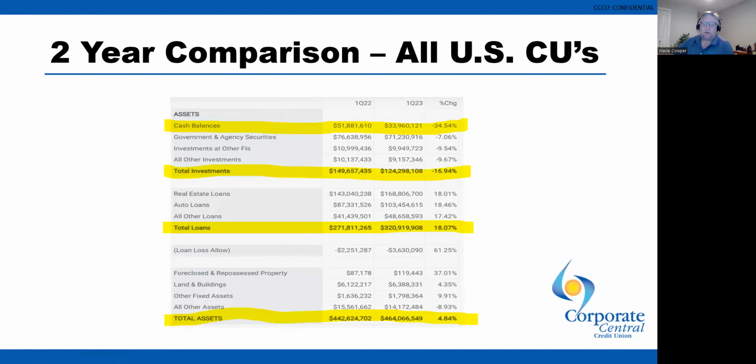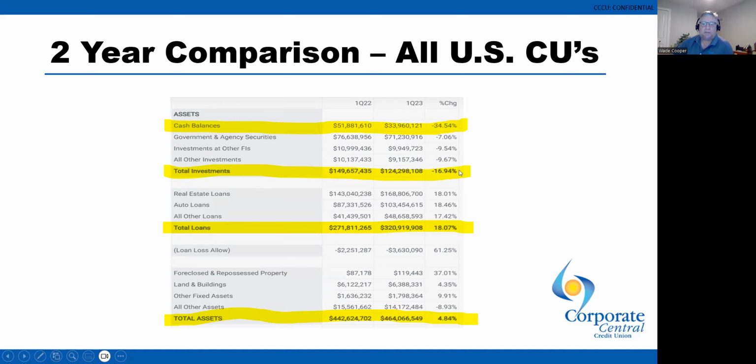And this is the 2-year comparison of all credit unions. I think we got to add a few zeros on here, but you get the point. The asset cash balances from first quarter of 22 to first quarter of 23 are down 35%. All the cash was going out. Total investments, again, people would have a laddered maturity. Instead of reinvesting, they needed the cash. So the investment portfolio is going down.